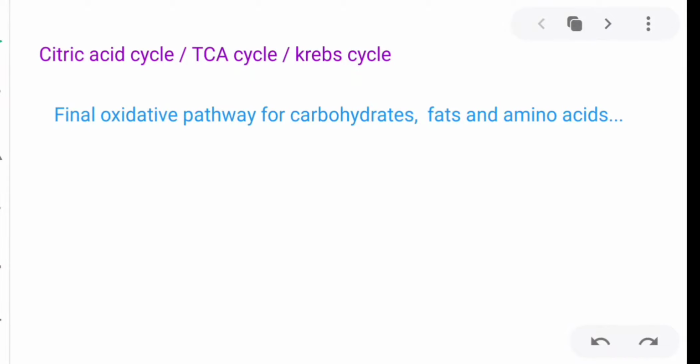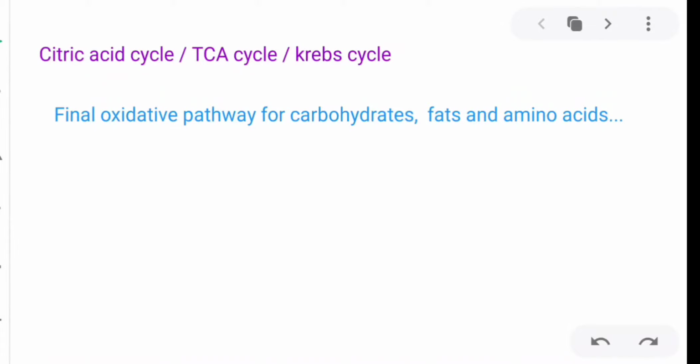The Krebs cycle acts as an intermediate for the formation of carbohydrates, amino acids and fats. Examples are gluconeogenesis, where glucose is formed from non-carbohydrate sources, then glycolysis and glycogenolysis. We will study these concepts in upcoming videos, but till then just keep in mind that it forms the final oxidative pathway for carbohydrates, fats and amino acids.